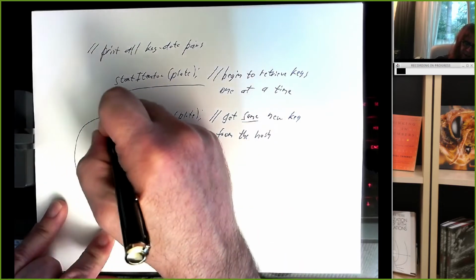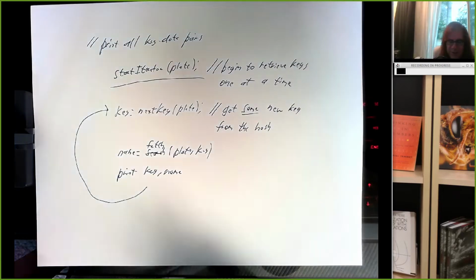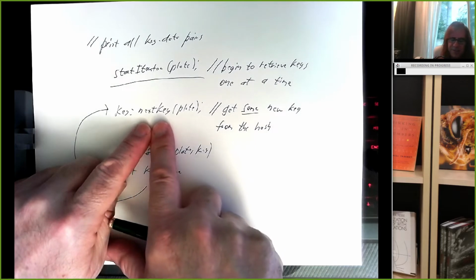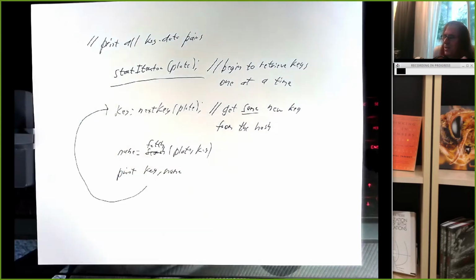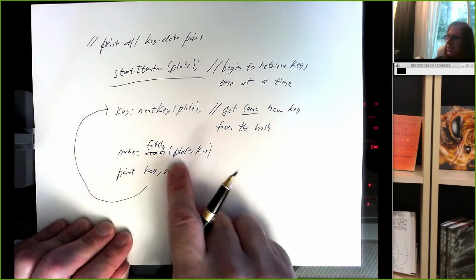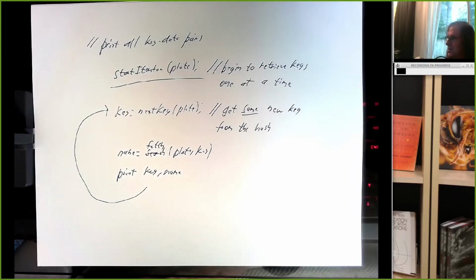And then I can go back up here. And every time I call this iterator, this next key function, it will give me another key from my database. And it'll be a key I haven't seen yet. And then I can use that, I can retrieve the data associated with it, print it out, or tally it or do whatever it is I want to be doing.